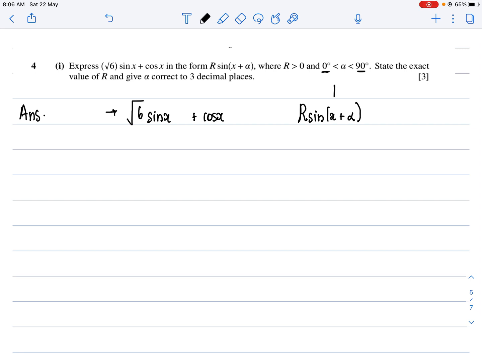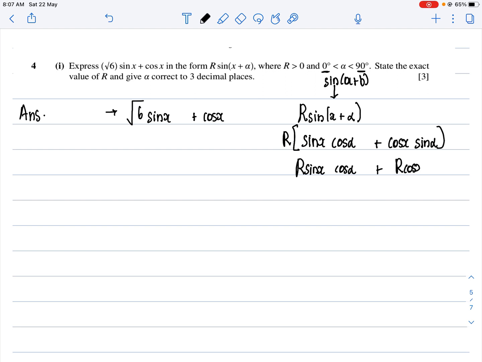Now if you notice, this is the sine A plus B compound angle formula. So I can write this as r into (sine x cos alpha plus cos x sine alpha), which can be written as r sine x cos alpha plus r cos x sine alpha.